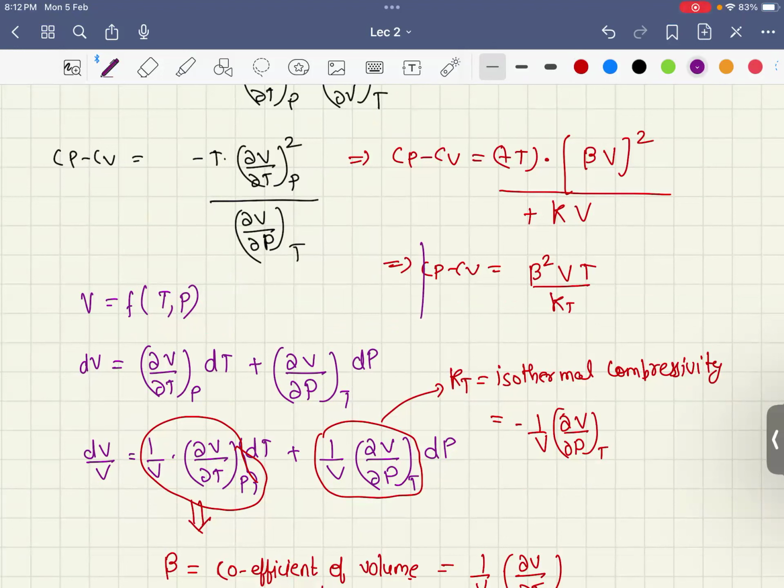And this is the general expression, for any gas. Not any gas, for anything. Now let us verify whether for an ideal gas, where we know Cp minus Cv, we get this one.